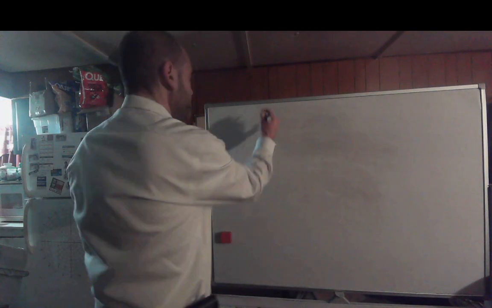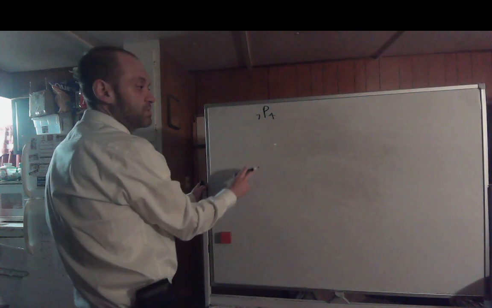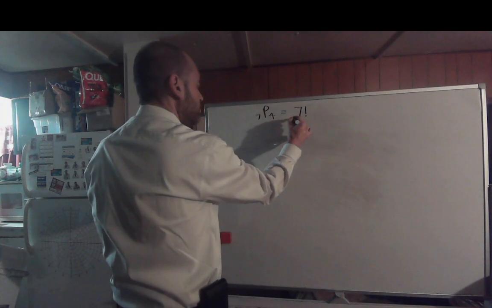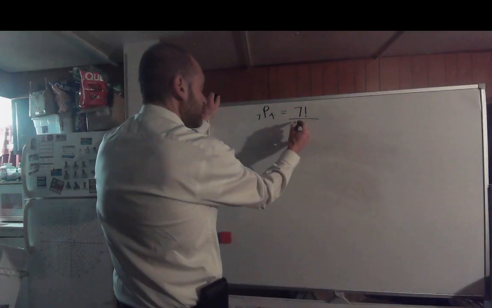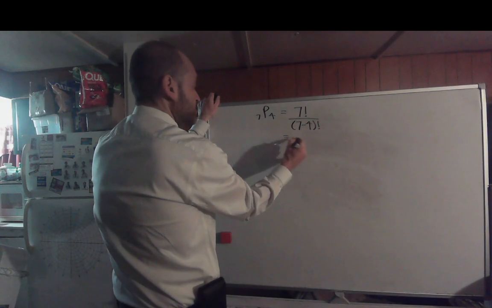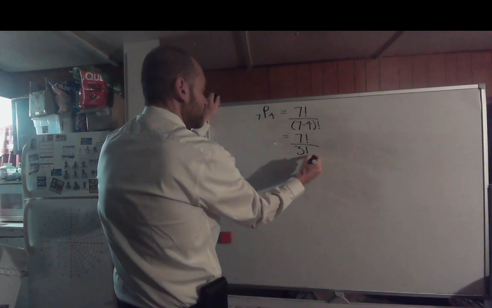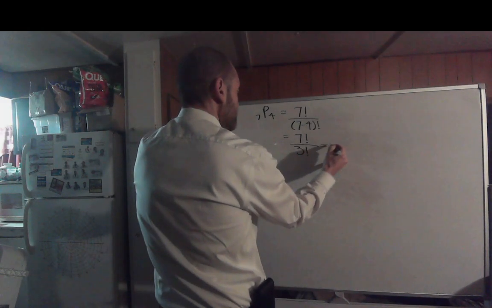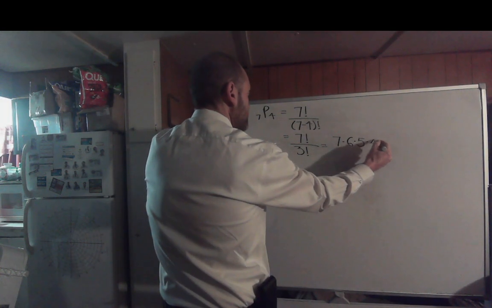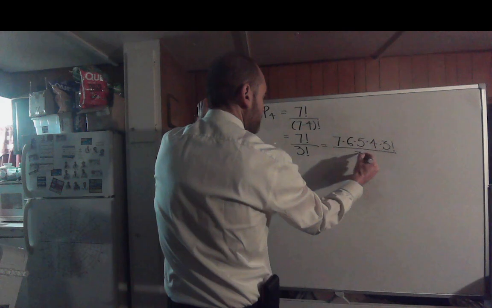So last one of permutations, let's take 7 items 4 at a time. So 7 things 4 at a time, well that then is going to be 7 factorial all over my quantity of 7 minus 4 factorial, which would simplify into 7 factorial all over 3 factorial, which would simplify further into 7 times 6 times 5 times 4 times 3 factorial all over 3 factorial.